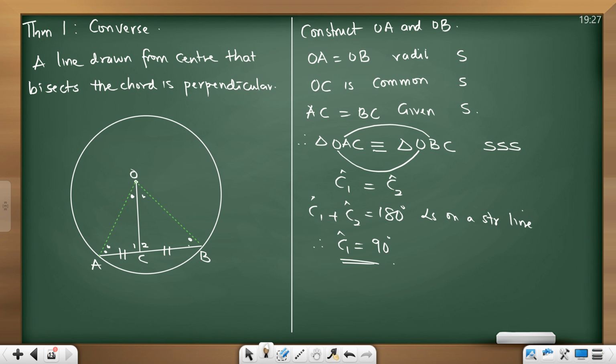Can I move to grade 12 quickly? Just one theorem today.